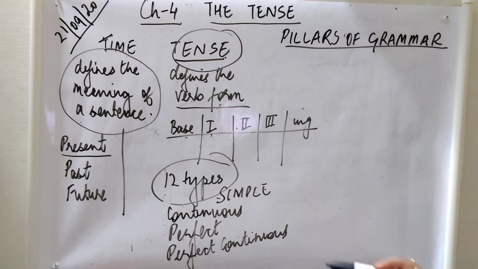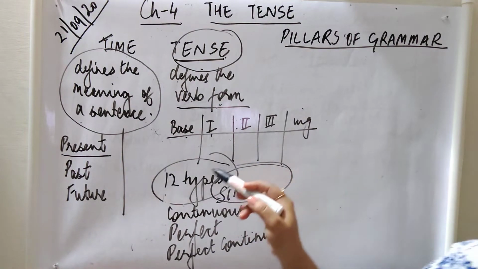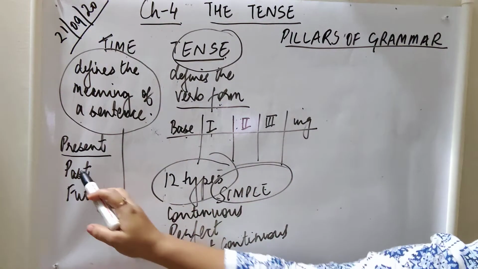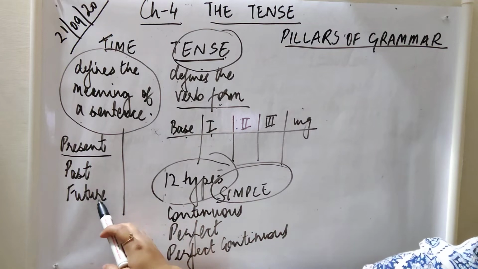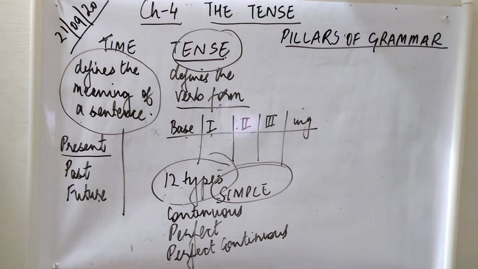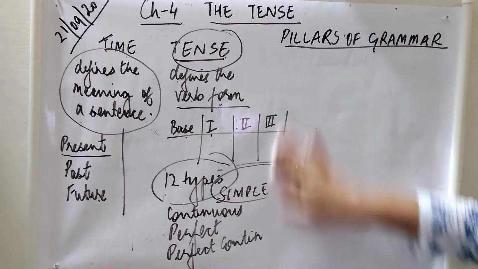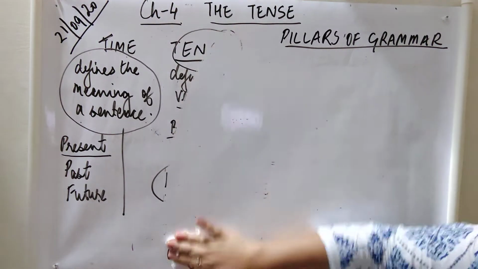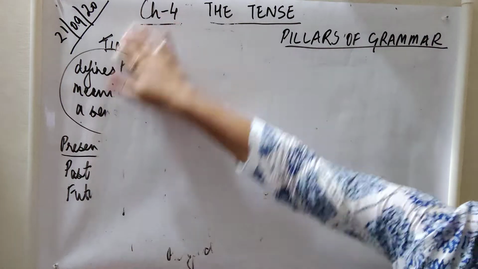So today I am going to talk about the simple tense: simple present, simple past, and simple future. Today we are going to discuss some verb forms which are used both as main verbs and as helping verbs in a sentence.